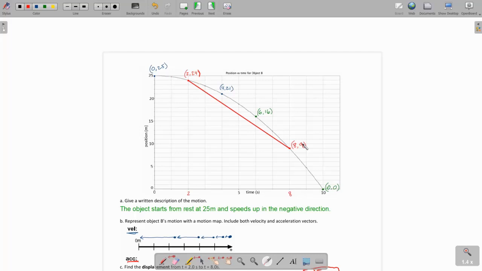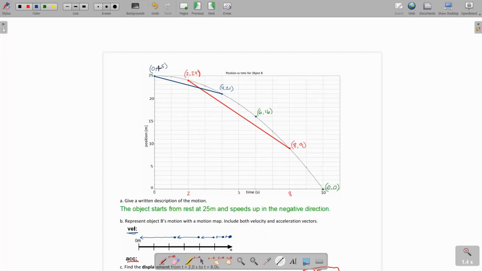So if we can just find the slope of a line that's parallel to that, where we already have the coordinates, which we happen to have here and here, that would be a much better option for us. So I'm going to connect these dots right here. This blue line represents the average velocity from 0 to 4 seconds, and that is what we are going to use to find the instantaneous velocity at 2 seconds.